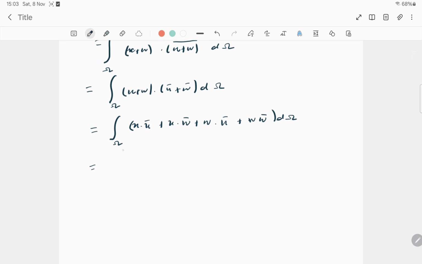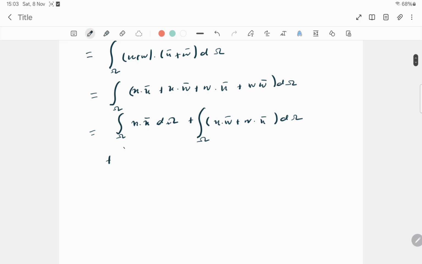I split the integral and I have the integral of u times u conjugate d omega plus the integral over omega of u times w conjugate plus w times u conjugate d omega plus the integral over omega of w times w conjugate d omega.